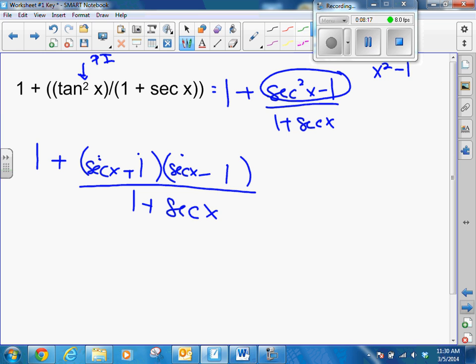Okay, so it's basically just doing this, but now with trig. So you just have to remember when I see a trig function squared minus 1, 9 times out of 10, you want to factor it down. Make sense?